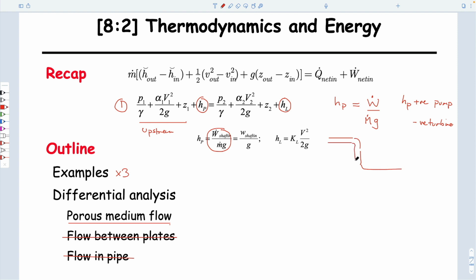And in pipes, this is my attempt to draw a pipe. Whoops. So if we have velocity 1 and velocity 2, Bernoulli would tell us that velocity 2 equals velocity 1, so long as the area 1 is equal to the area 2. So if the cross-section areas are the same, by definition, the velocities out of these are the same. However, let's assume that the areas are the same.